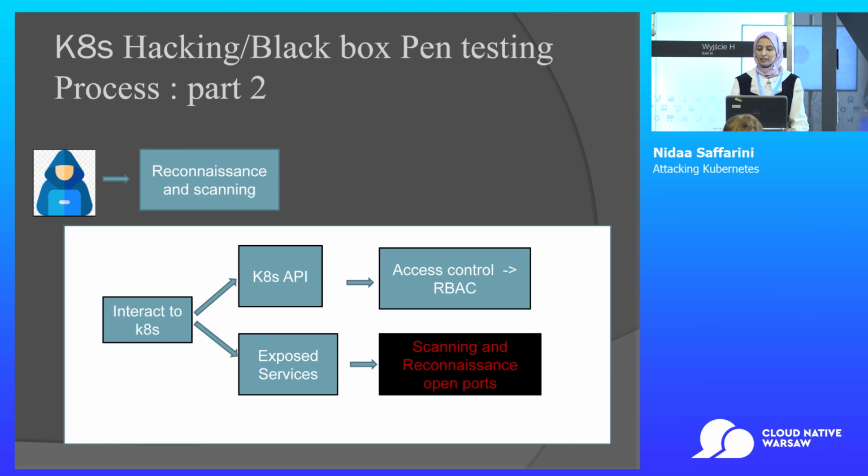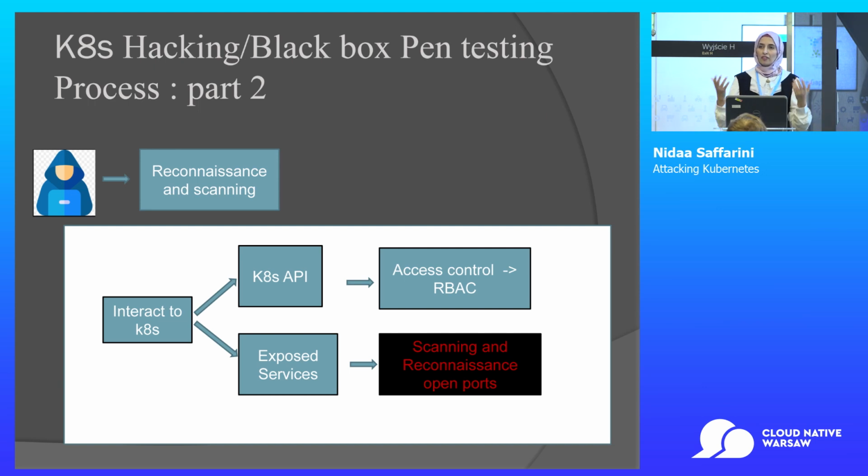Part 2 of hacking is reconnaissance and scanning. In this step, from the point of view of a hacker, if we want to hack a Kubernetes cluster, we only have two choices to get access. The first one is via access control, or via services exposed outside the cluster.